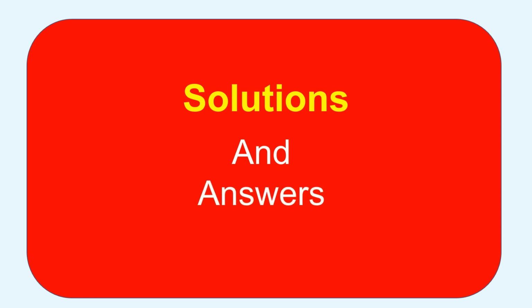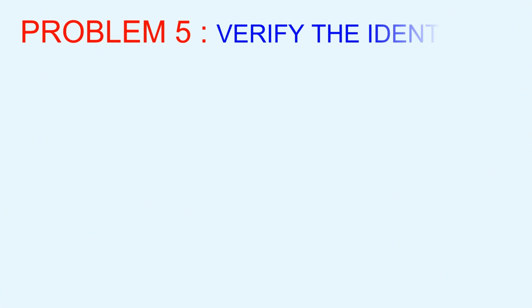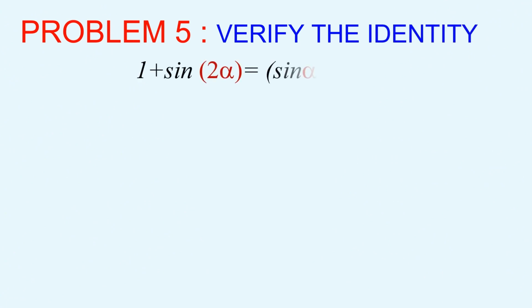Solutions and answers. Solution to the problem 5. Verify the identity. 1 plus sine of 2 alpha equals sine of alpha plus cosine of alpha whole squared.